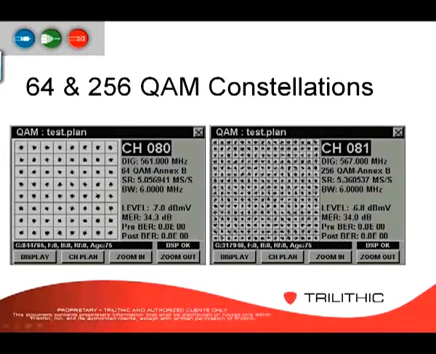Now 64 QAM has a total of 64 layers, or decision boundary areas, the individual blocks, and 256 QAM has 256 layers. And just remember, like I mentioned earlier, the more layers you have, the more opportunity for interference.